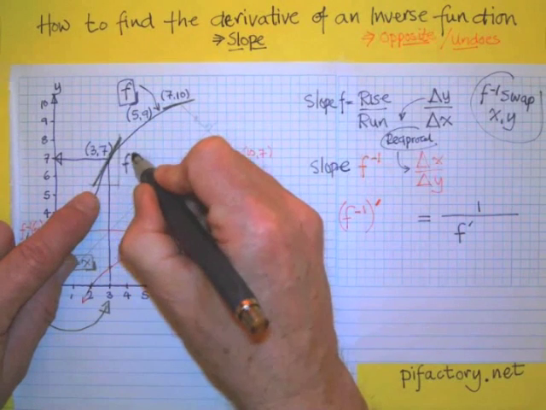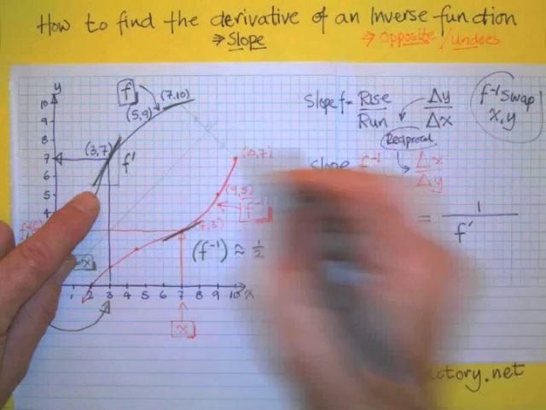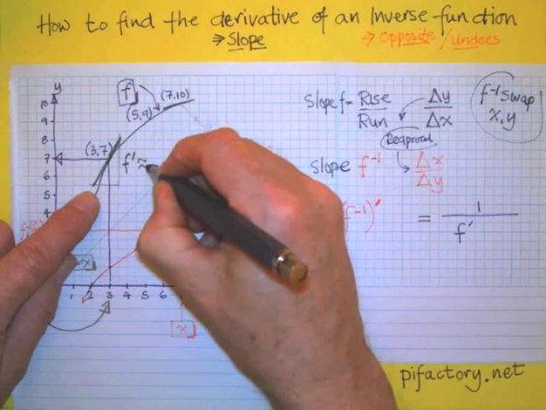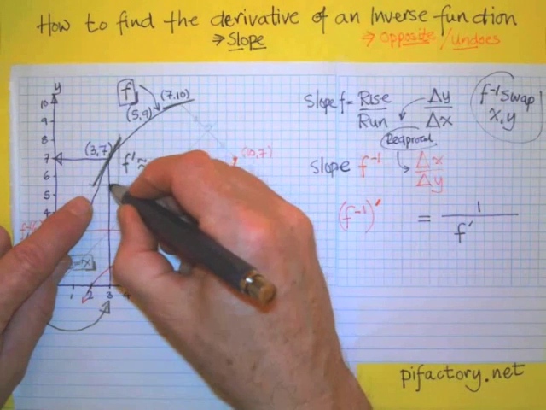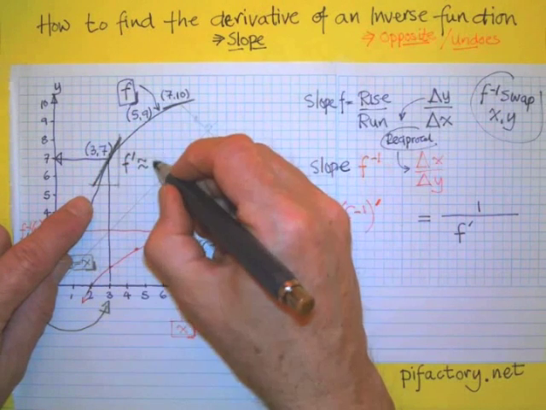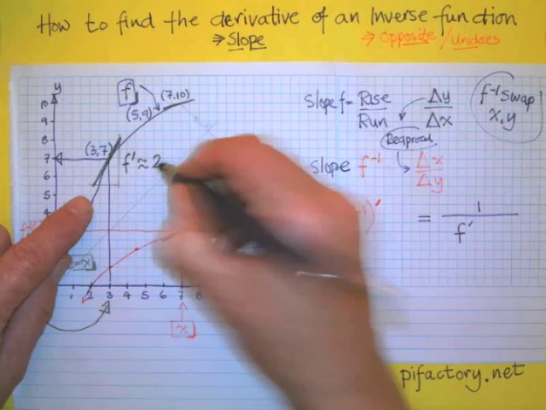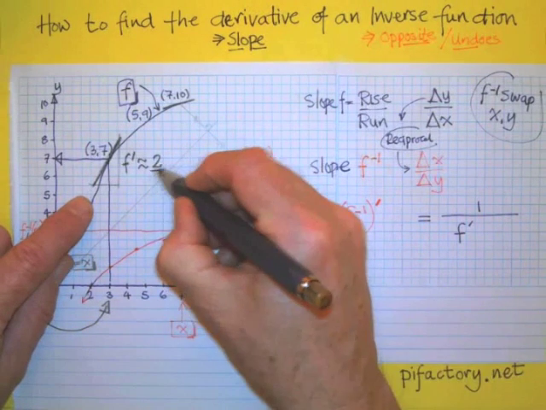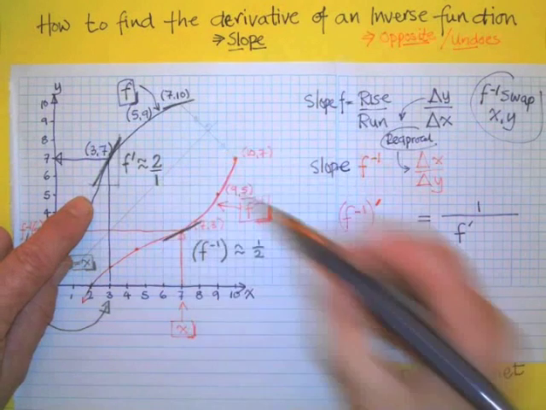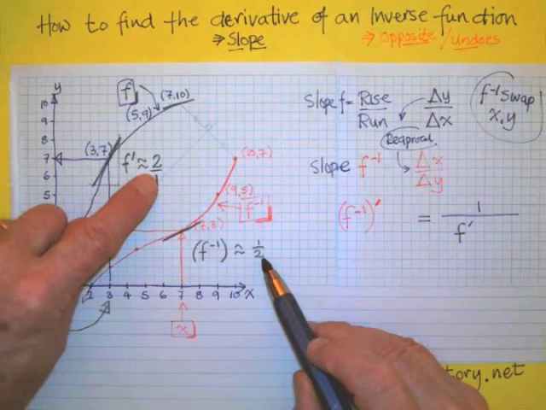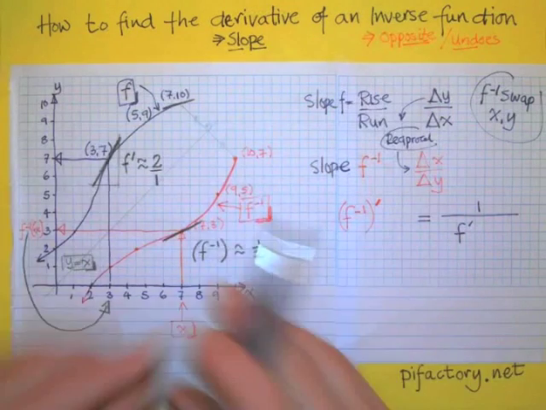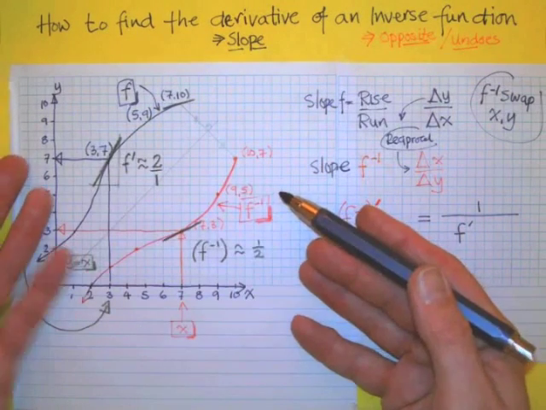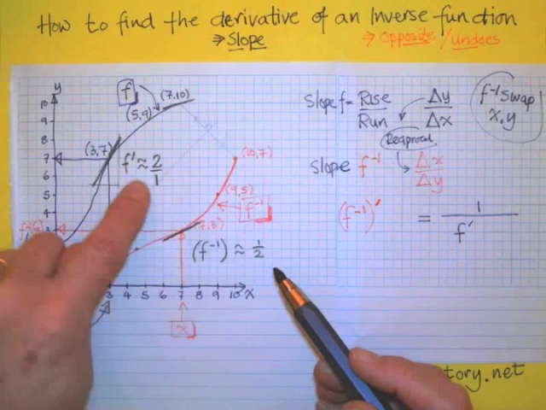So we're getting here a slope of f that very approximately is 2.5 over 1. Well, we're getting a slope roughly of 2, or 2 over 1.